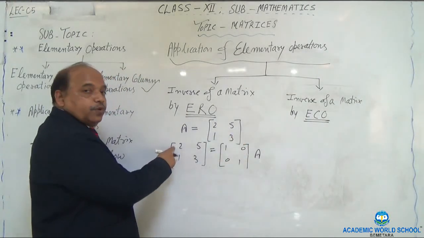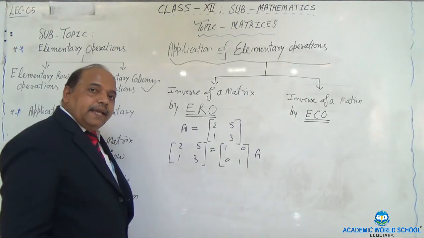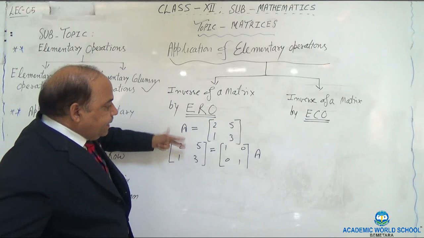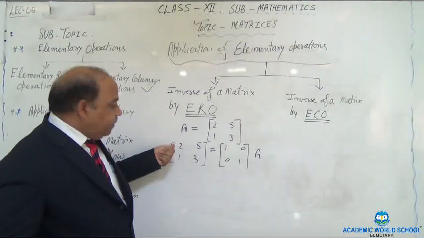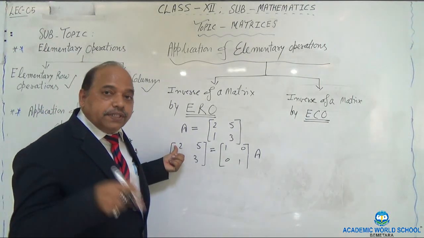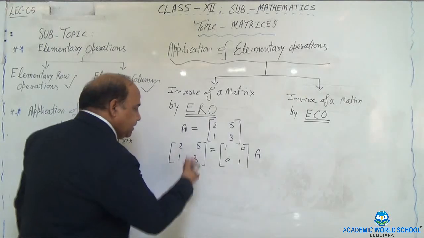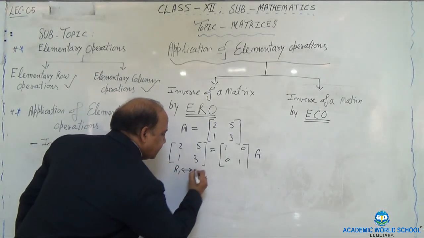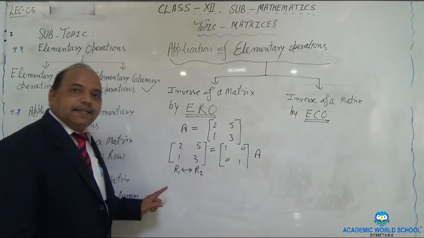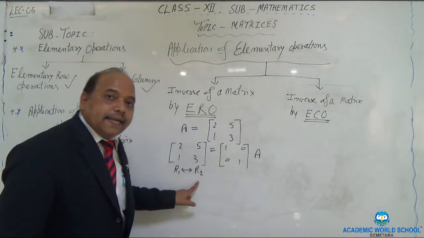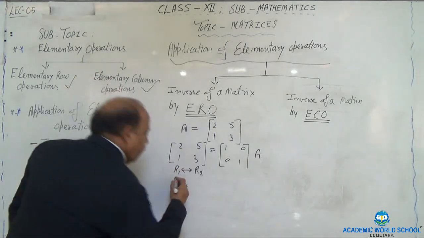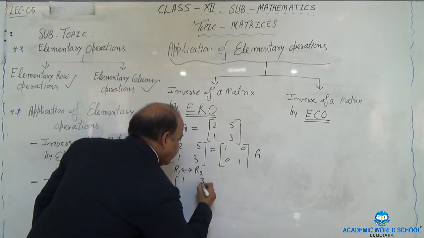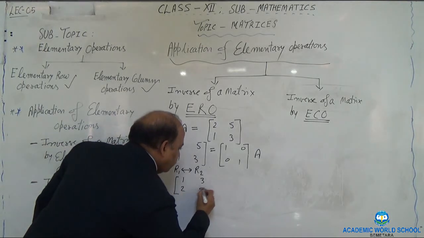Means the first element should be 1. So, can I say to you that just interchange these two? If I simply interchange these two rows, you will be getting the first element as 1, which is required. So, let's make that change. So, how to write it down? You will be saying R1 is interchanged with R2. Please understand, R1 is interchanged with R2. So, what will happen to this? It will become 1, 3, and this will become 2, 5.